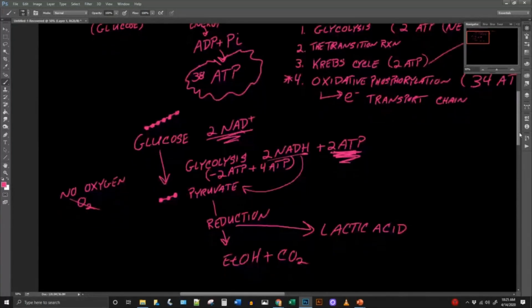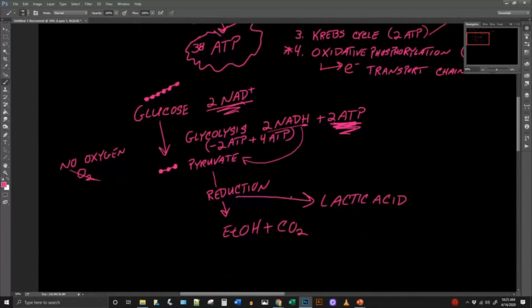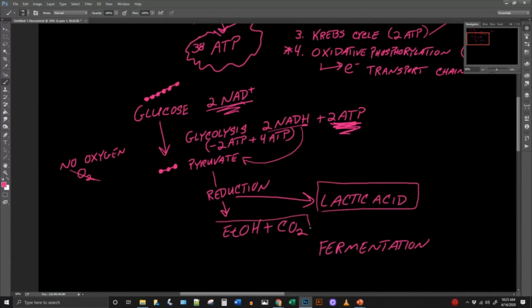Our cells make lactic acid, and this is called fermentation. This whole process is fermentation. Our cells make lactic acid through fermentation. But if you have yeast and some other cells, they make ethyl alcohol plus carbon dioxide.